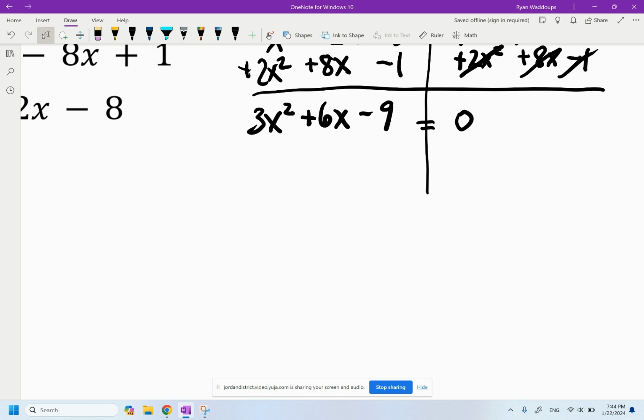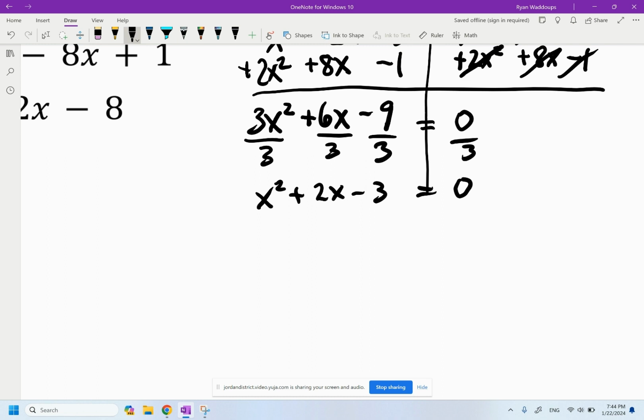I noticed that 3, 6, and 9 are all multiples of 3, so I'm going to divide everything in here by 3. And that gives me x squared plus 2x minus 3 is equal to 0, since 0 divided by 3 is 0. Now I've got some smaller numbers, and I think maybe I can factor that.